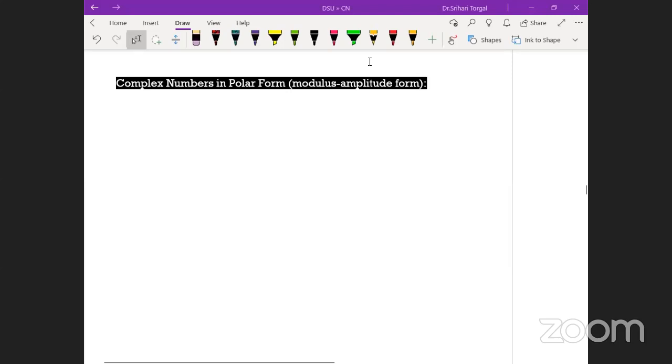Now, we'll continue with the complex number in polar form. First thing is that we have to calculate.